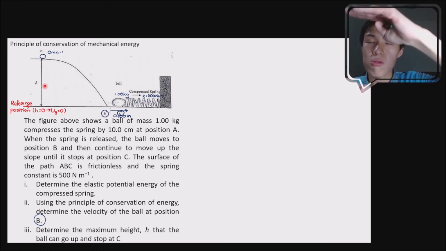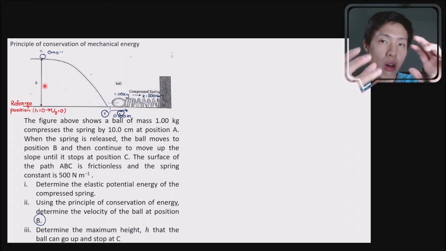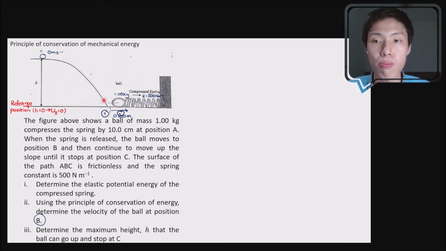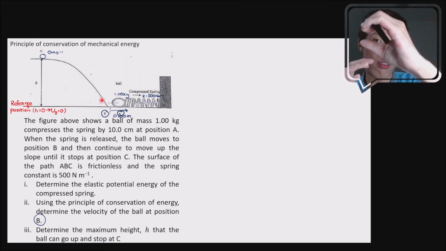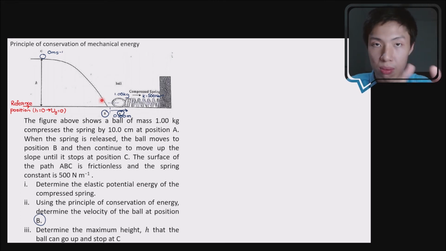If the hill is not so high, a portion of the kinetic energy at position B will be transformed into potential energy when the ball reaches the peak of the hill. There will still be some kinetic energy remaining, so the ball will still be moving at a certain speed while going to the left at the top of the hill. That is, if the hill is not very high.